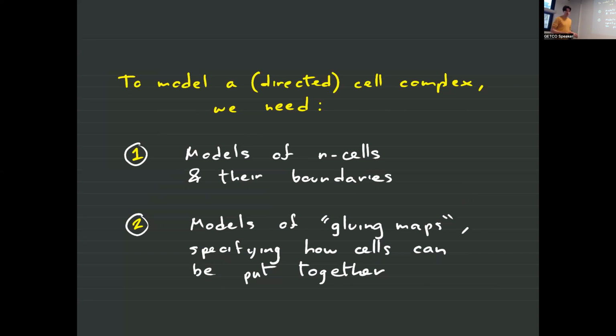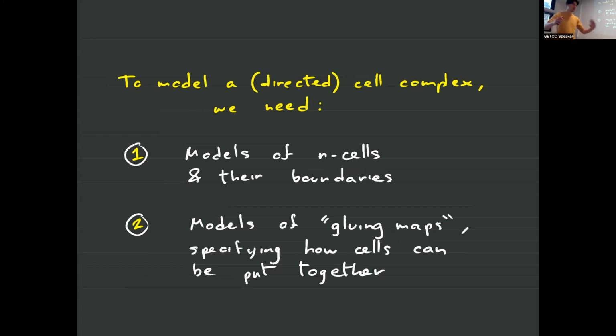And what we need in order to have such a data structure is some model of what the n-cells or n-balls are, and what their boundaries are and how their boundaries are included. And then we have to have a model of how we can glue the n-cells together.